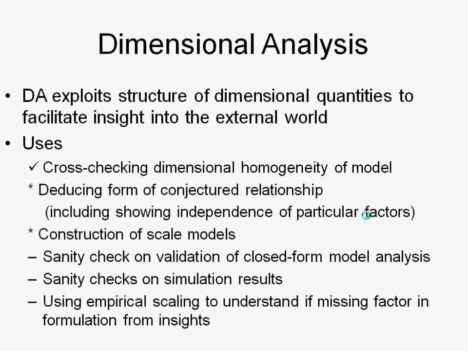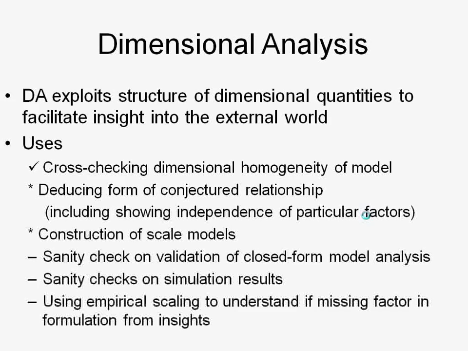Now that's an interesting thing, because a lot of people build models where dimensions are ignored. So they're sort of scale models and reasoning about them. In closed-form model analysis, you do these calculations, the eigenvalues, of how quickly it's growing.